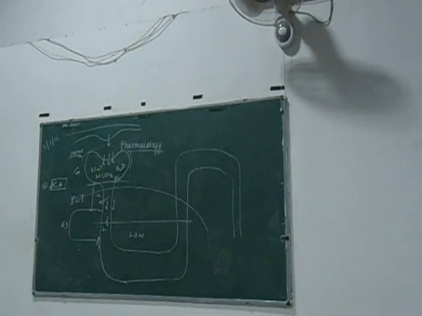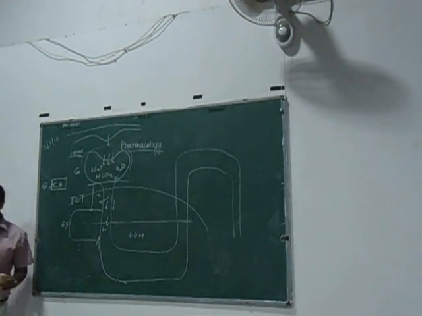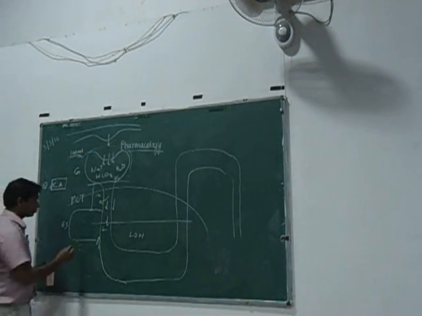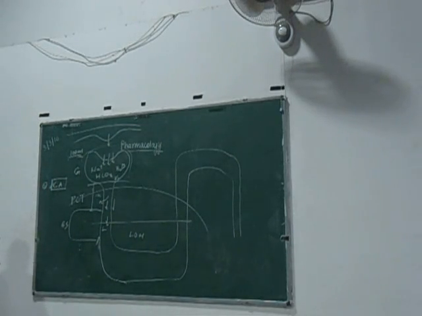It may be the function of most of the cells within the body. Among these cells, what is the basic function going on? What happens to sodium and potassium? How are sodium and potassium concentrations maintained inside the cell? Any idea? Where is sodium more, inside the cell or outside the cell? Outside the cell. How does this happen?